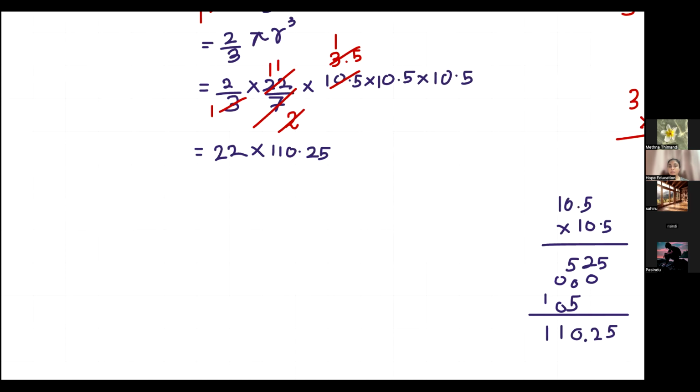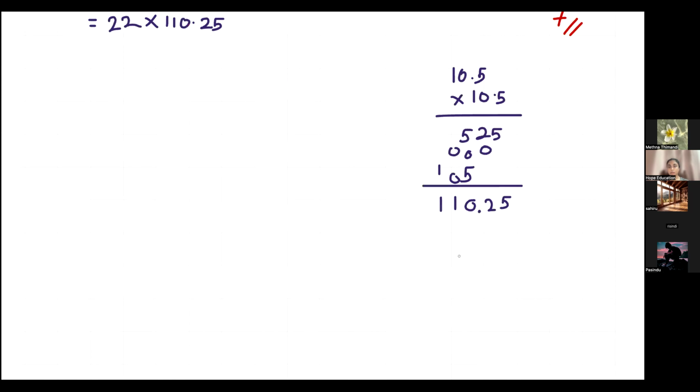That gets multiplied by 22. So we can multiply here. 2 times 5 is 10. 2 times 2 is 4 plus 1, 5. 0. 2 times 1, 2. 2 times 1, 2.